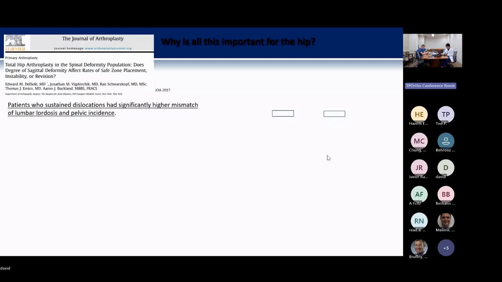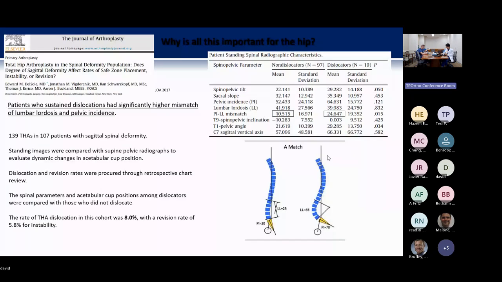This is very pertinent because dislocation is one of the higher reasons for revision now. In patients with mismatched lumbar spines based on the more traditional PI-LL terminology, they saw there were higher rates of what they called an imbalanced spine in dislocators.